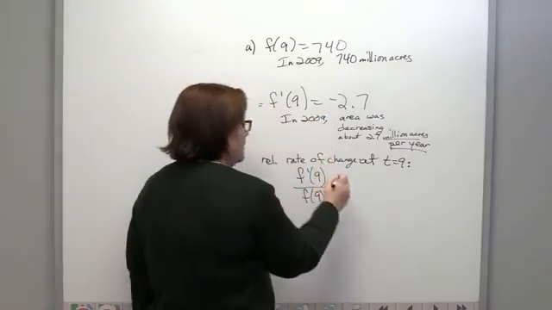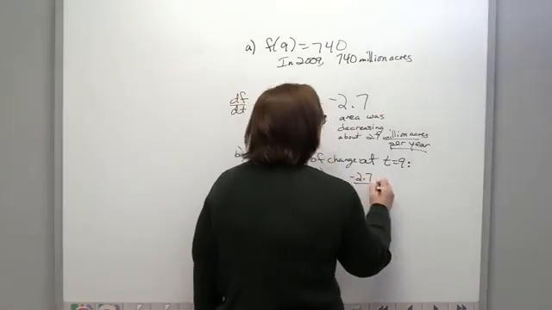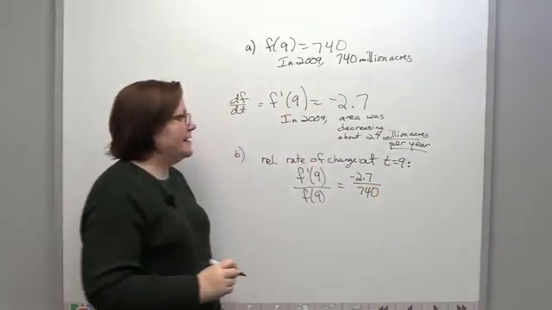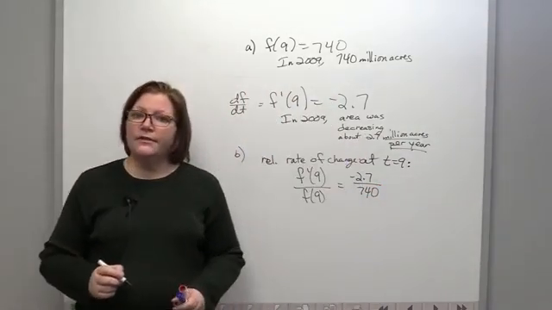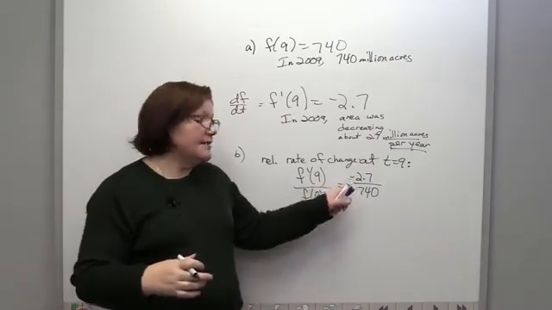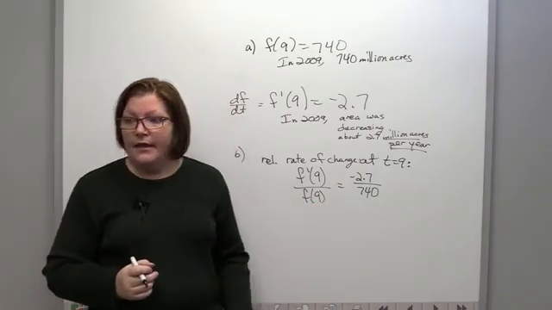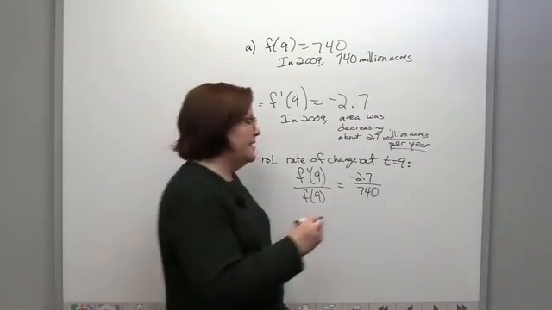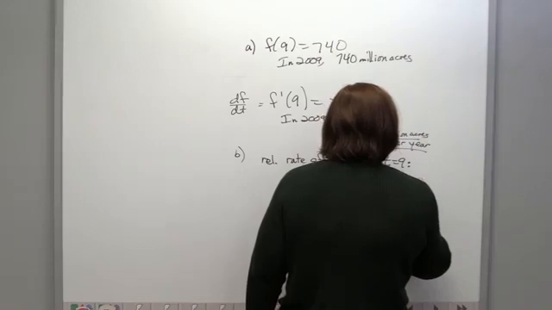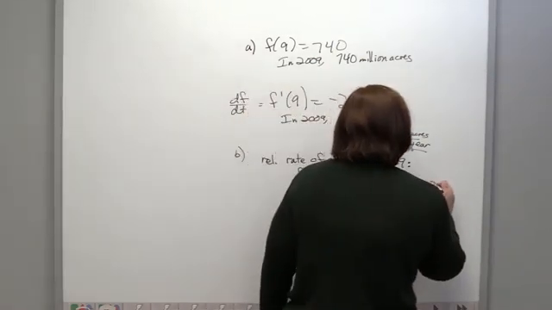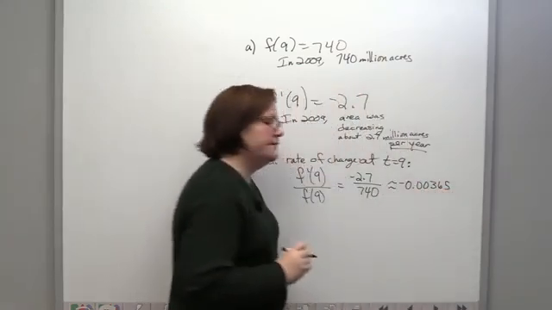In this case, we're looking at negative 2.7 over 740. Because again, 2.7 million acres might not sound like a lot, or maybe it sounds like a tremendous amount, but this can give perspective. Negative 2.7 divided by 740 is about negative 0.00365.